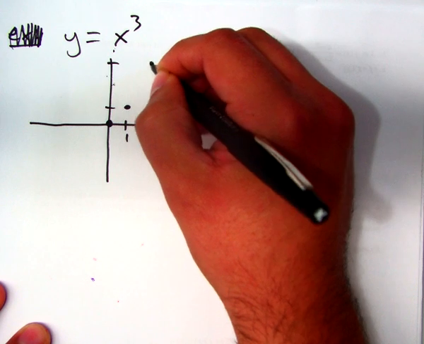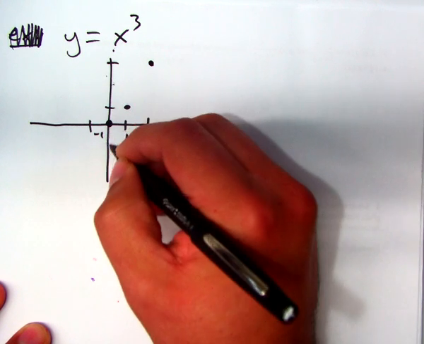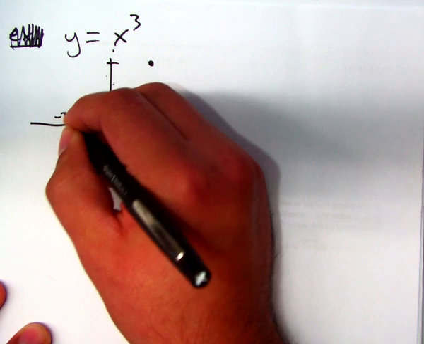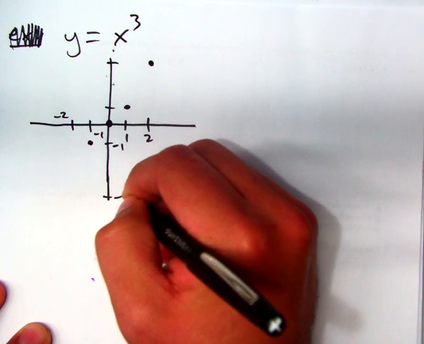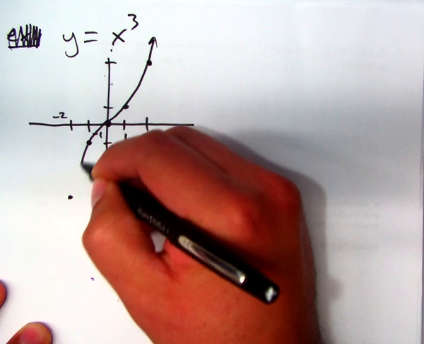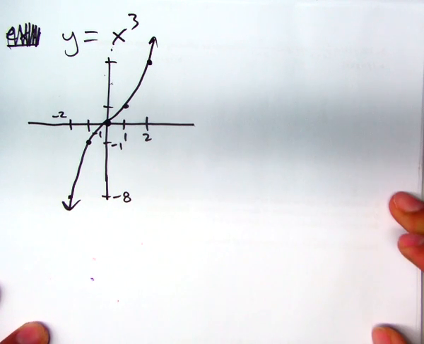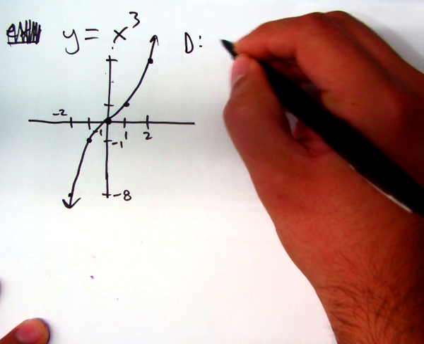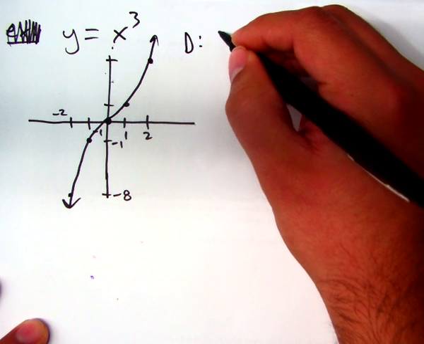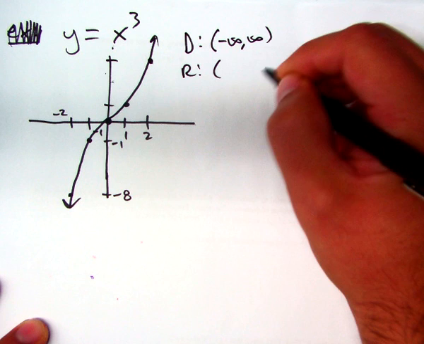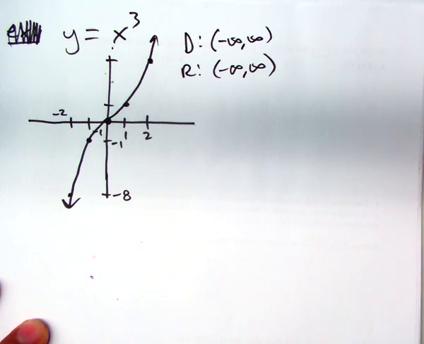It is squiggly because when you cube -1, you get -1, and when you cube -2, you get -8. So it looks something like this. Okay. The domain is what? All real numbers again. The range? All real numbers. Good. Moving on.